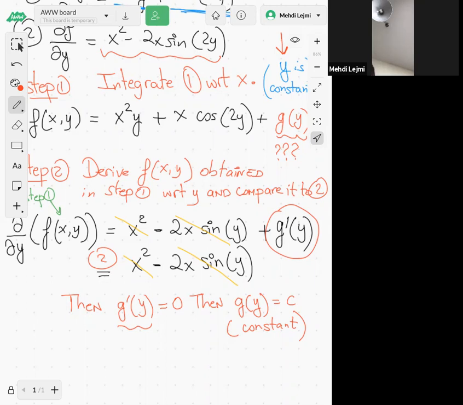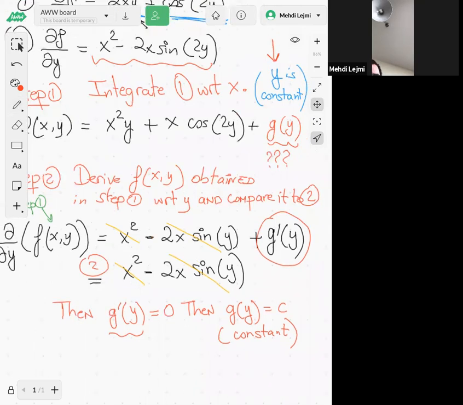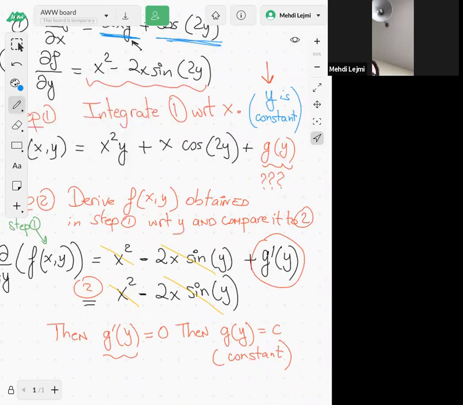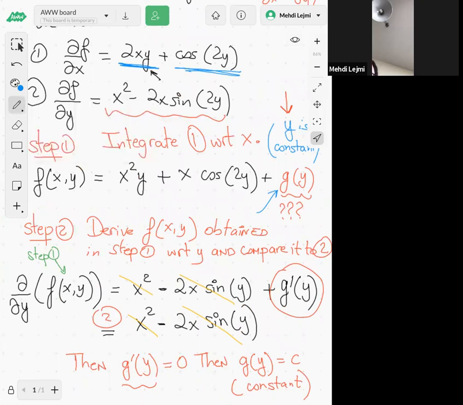So now I can say that this mysterious, unknown function g is just equal to a constant. So the conclusion here is that my function f is x squared y plus x cosine of 2y plus g of y, which turns out to be just a constant.